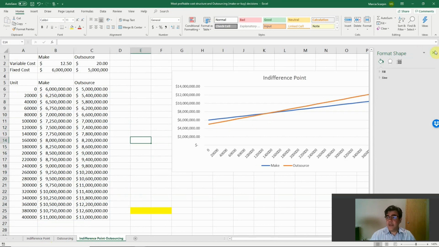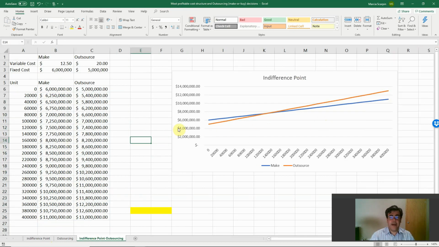And okay, we are here. We are at 250,000 units. We don't have it on the chart, but we are around over here. So make is cheaper than outsource. However, how much is the indifference point here?